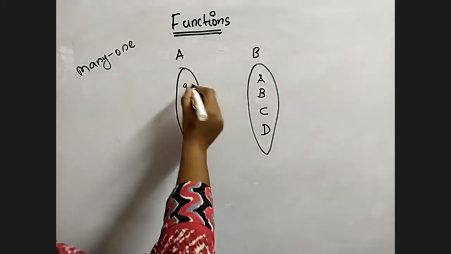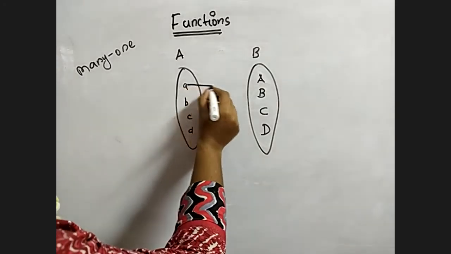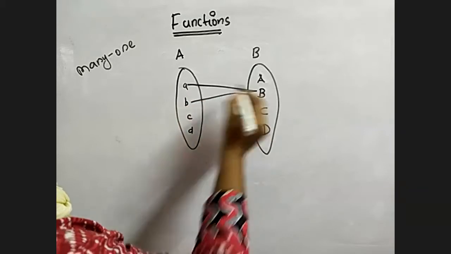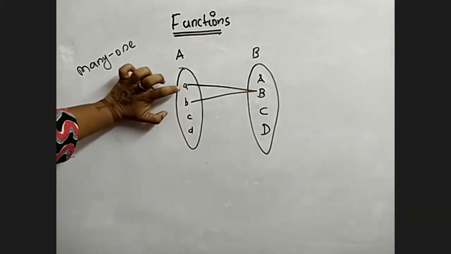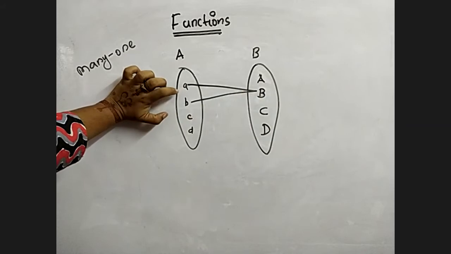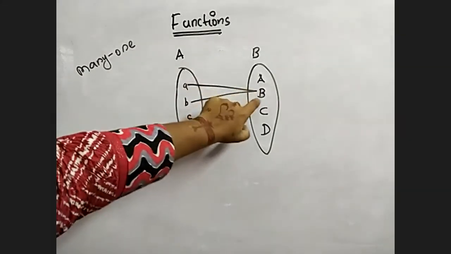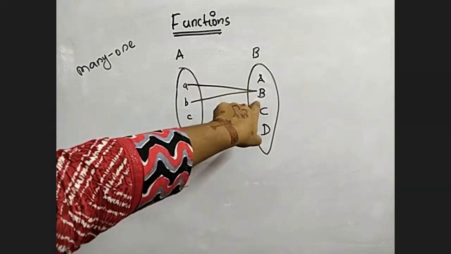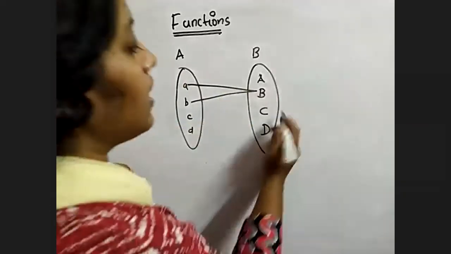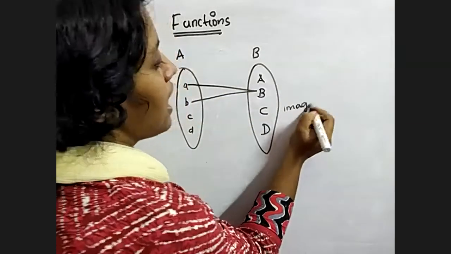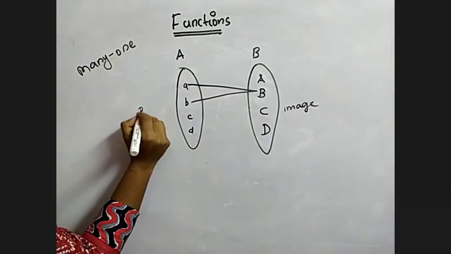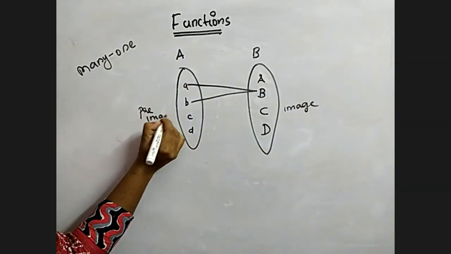What is many-one function? See here, in the function defined, the value of the function for A and B is the same, no? All the elements here I am mentioning as image, and all the elements here I am mentioning as pre-image.